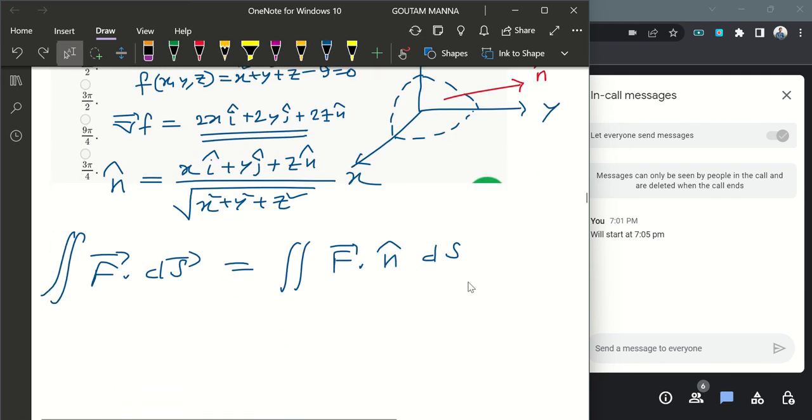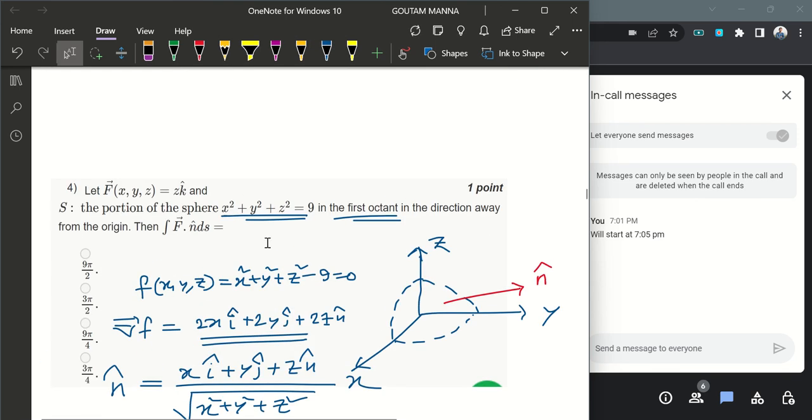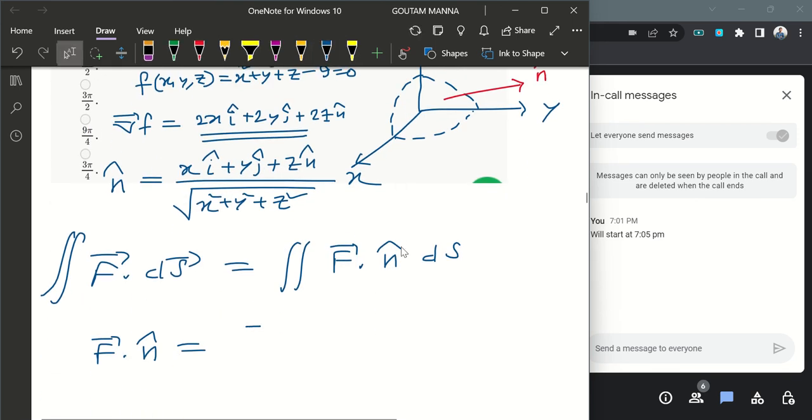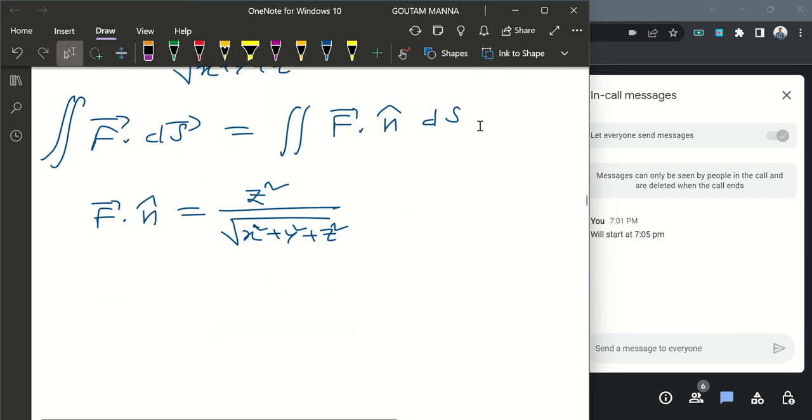So in that case, F dot n is given by z k hat dot this term, so it will be z square by root under x square plus y square plus z square. And now let's find out this dS.